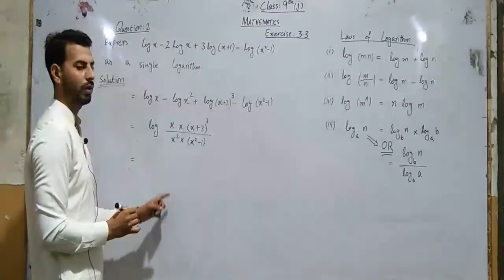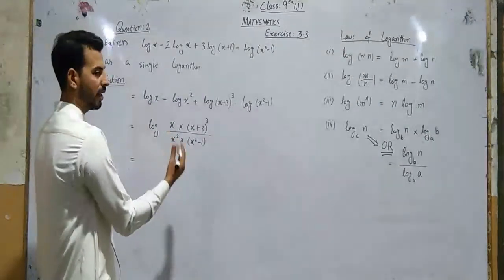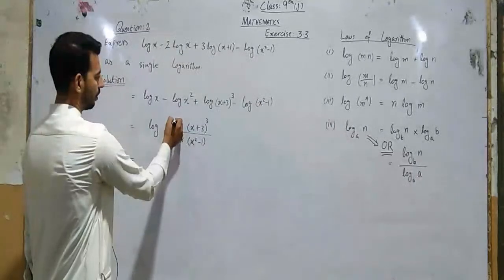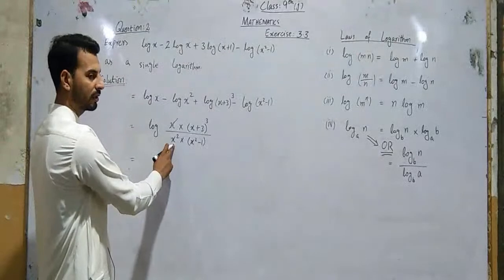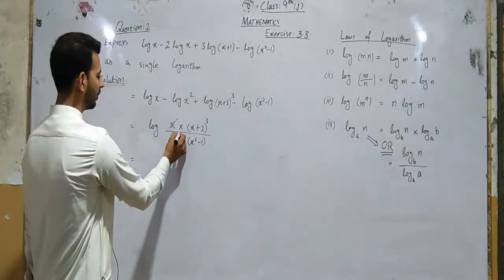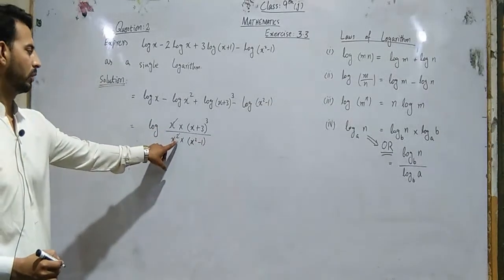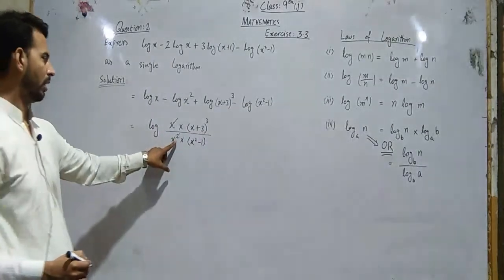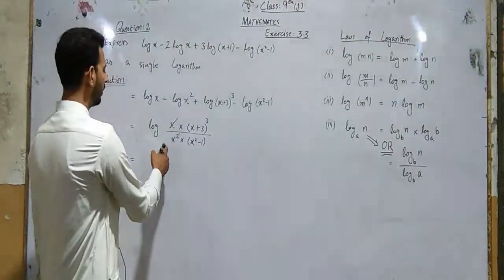To further solve it, we will just cut it down to simplify this. Because there are 2 x's, so one of the x will be cancelled with the other, so x squared will be cut down to x. So this is just 1 x remaining here.